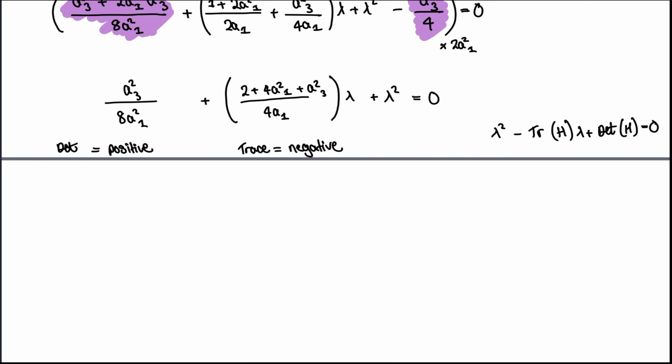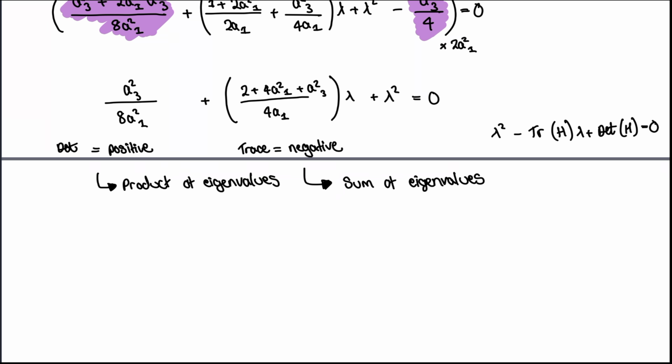What we should also remember is that the trace is the sum of eigenvalues, and our determinant is the product of eigenvalues. So we've got a sum of two numbers, and it is negative, and then we've got the product of those two numbers, and it is positive. That means both of those numbers have to be negative.